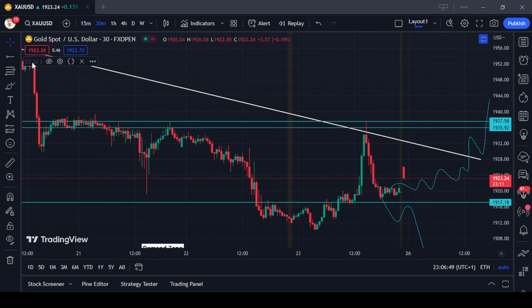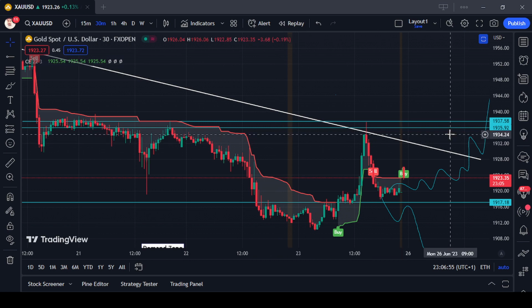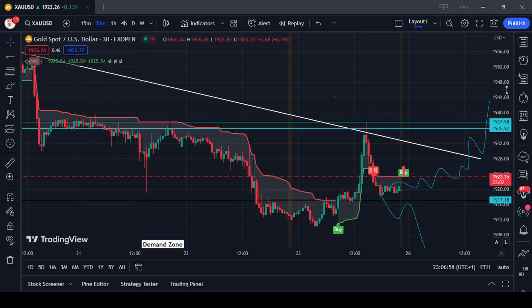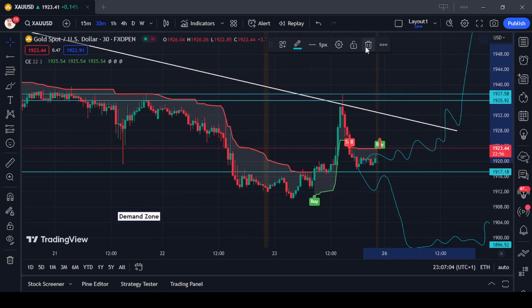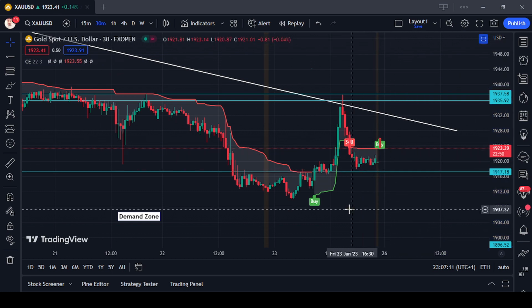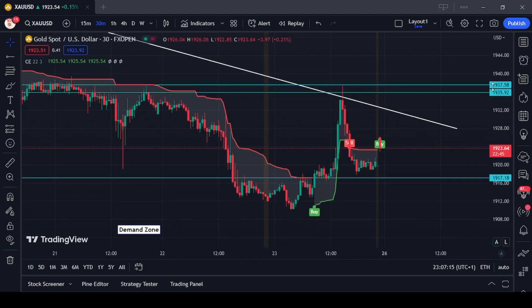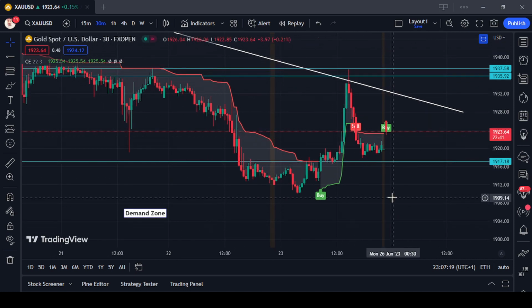Also in this video I'm going to show the indicator that I use personally, which benefits me a lot. Let me remove these things, and as you can clearly see, this is what the indicator is doing in the 30-minute time frame. This indicator, guys, helps me a lot.